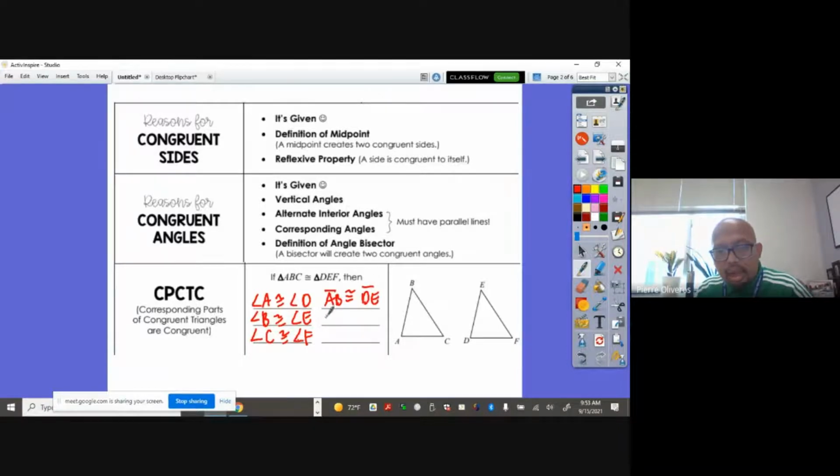I know now that AC is congruent to DF, and what else? BC is congruent to EF. And the reason for that will be CPCTC, corresponding parts of congruent triangles are congruent.